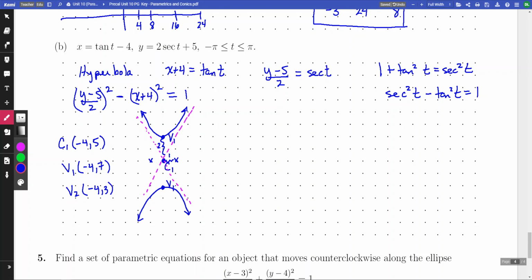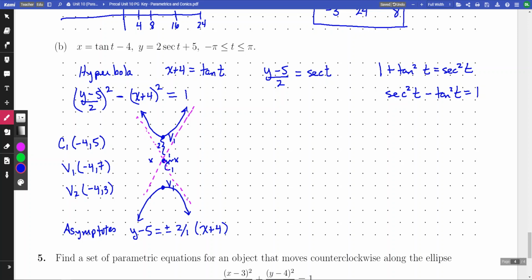So that tells me that my equation for my asymptotes is going to be y minus my y value is going to be equal to plus or minus the slope of the asymptotes, which would be 2/1, and then x minus my x value. And there I have my asymptotes. So now I've drawn my graph and included my asymptotes, everything that I want to have.